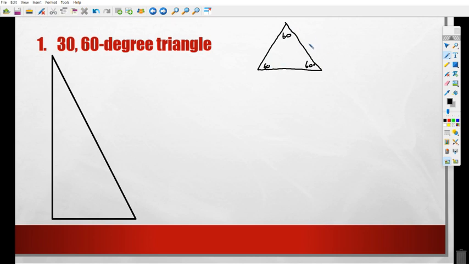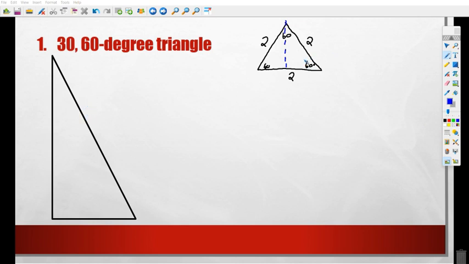Say I'll make that 2, I'll make that 2, and I'll make that 2. All this triangle is just half of this equilateral triangle. If I cut this in half, I'm going to have this triangle over here. Let's derive it from that triangle, just so you know where this comes from.